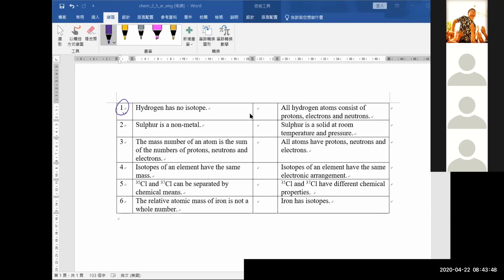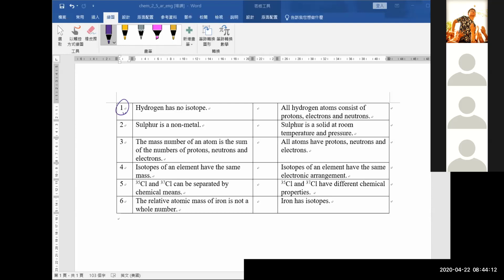Hydrogen has no isotopes. All hydrogen atoms consist of protons, electrons, and neutrons. What is that? It seems like Form 3 stuff, isn't it? Do you still remember?